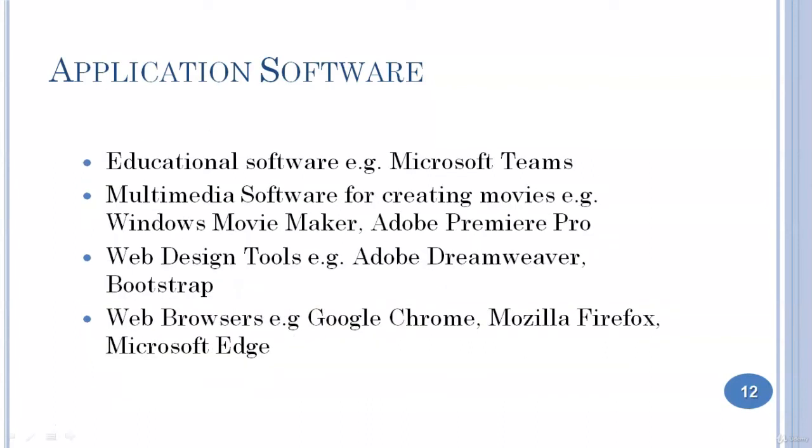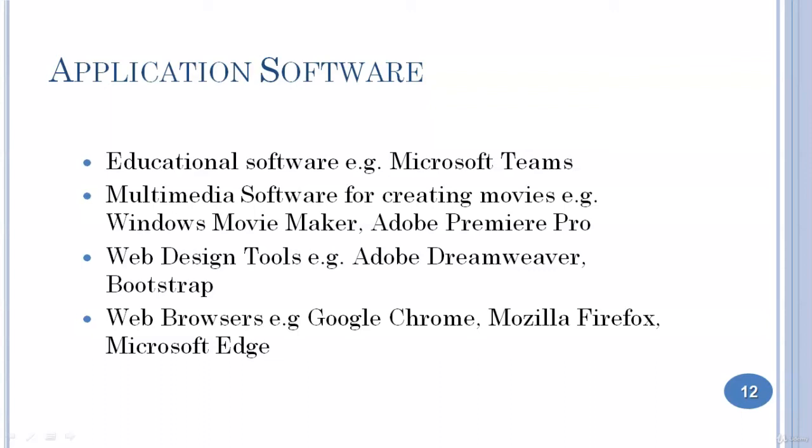Next comes the educational software, which is normally employed by teachers for online teaching. A good example of educational software is Microsoft Teams, which allows you to host interactive sessions.